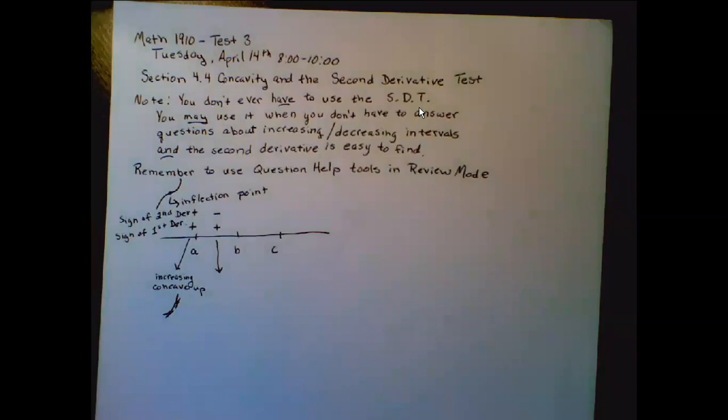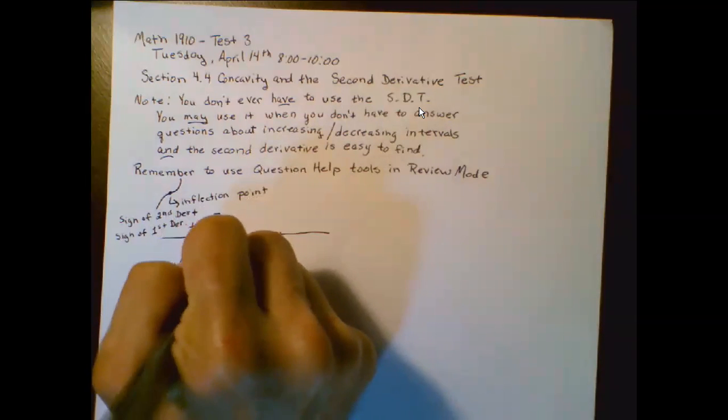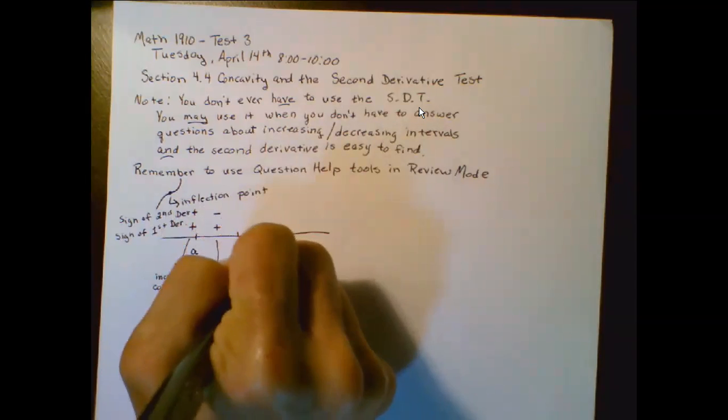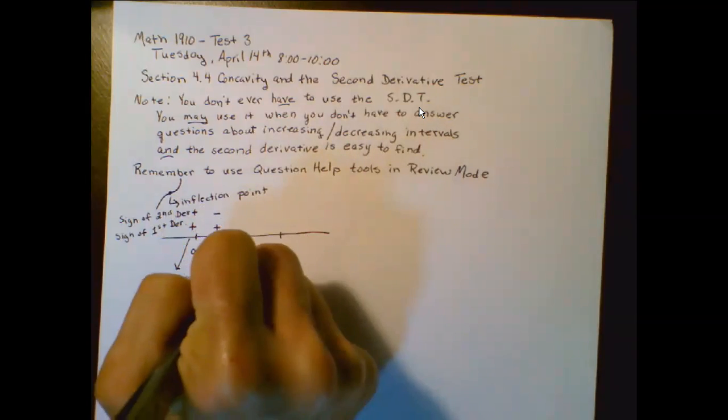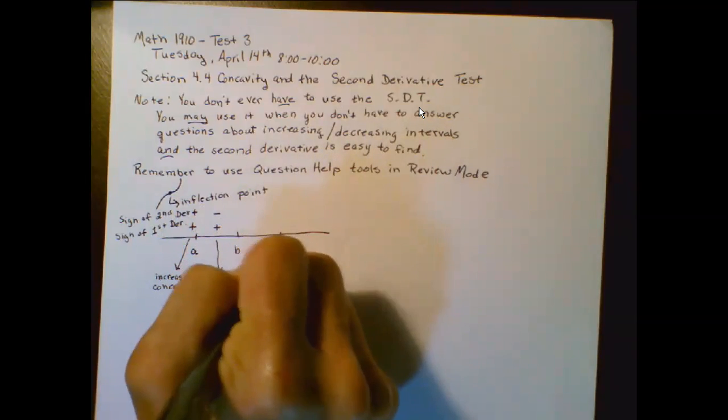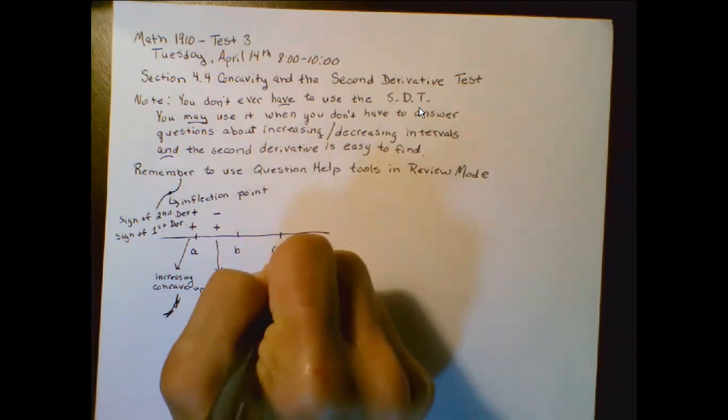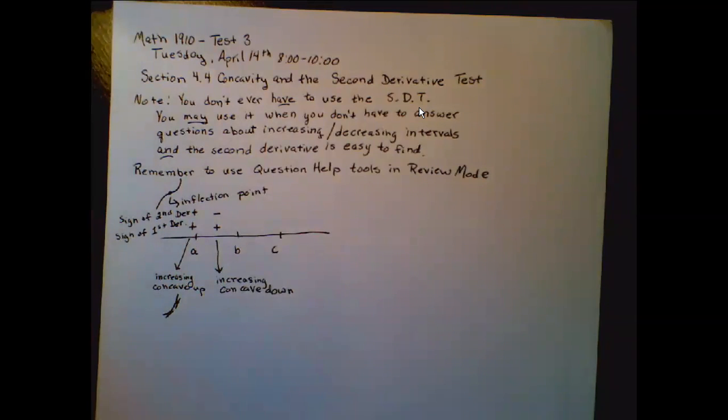what does that tell you about the function? It's increasing and it's concave down. Right. And I wrote concave like it was 2 words. Can you draw a portion of the graph that is increasing and concave down?